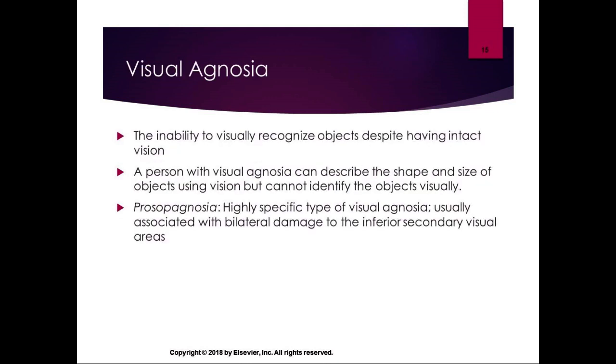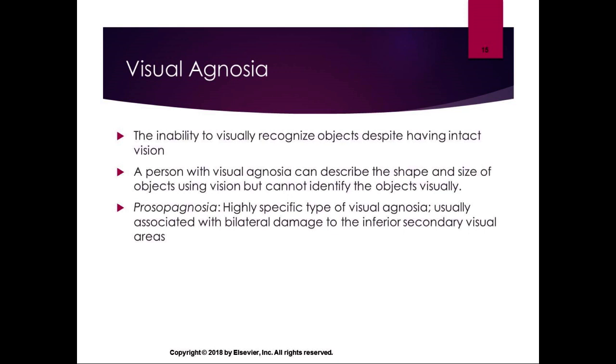Visual agnosia is the inability to visually recognize objects despite having intact vision. So a person with visual agnosia can describe the size and shape of an object using vision, but can't identify that object. So there is a really highly specific type of visual agnosia, and it's called prosopagnosia. And it usually is associated with bilateral damage to the inferior secondary visual areas.